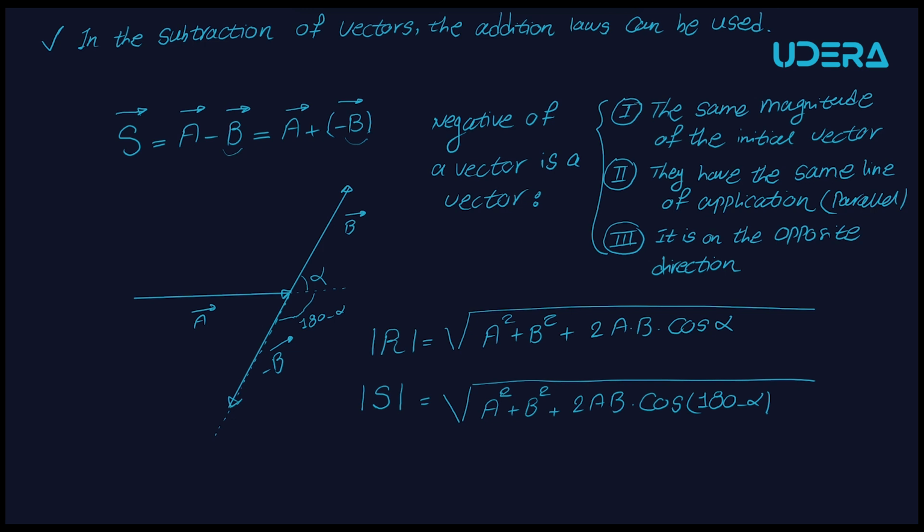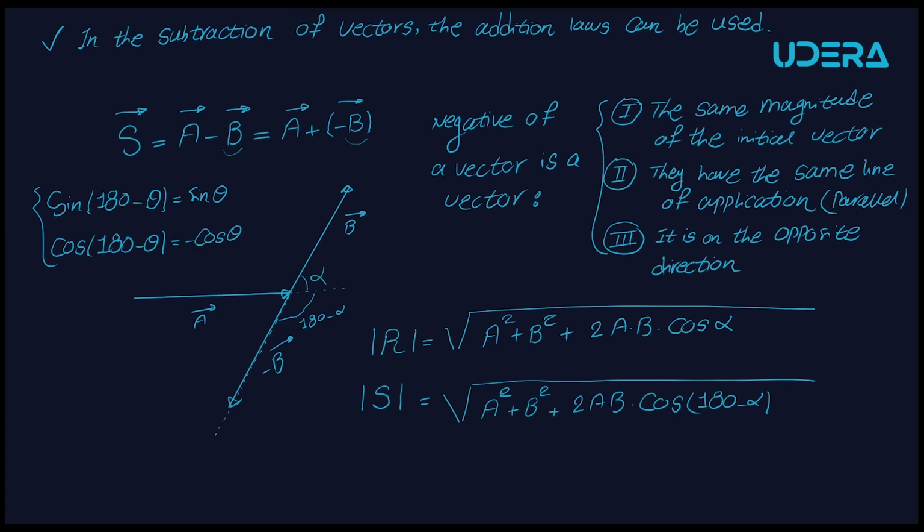From trigonometry, just a very concise recall. We know that the sine of 180 minus theta is equal to the sine of theta, and the cosine of 180 minus theta is equal to minus cosine theta.